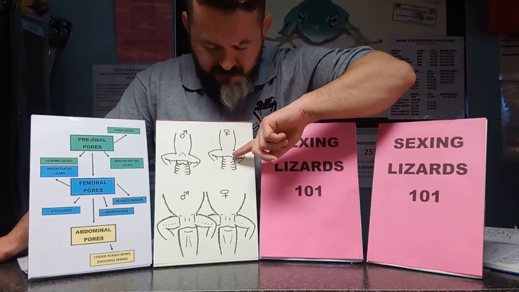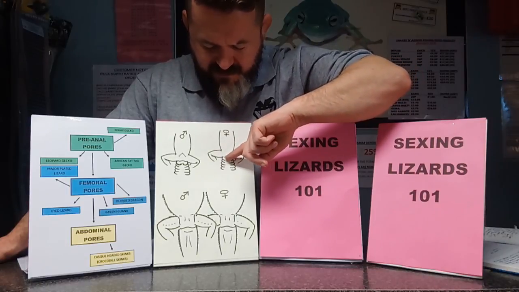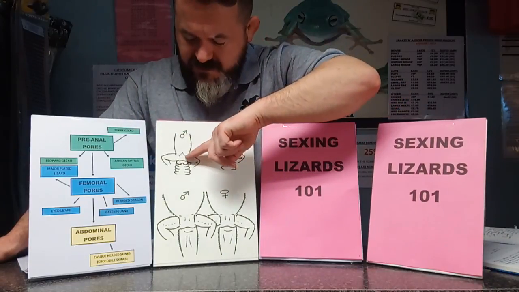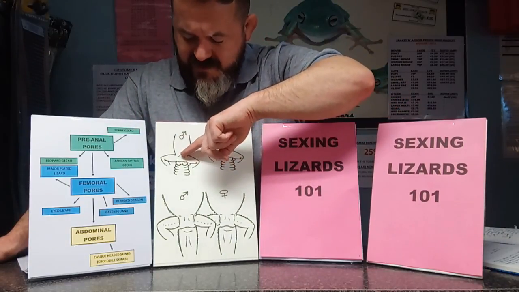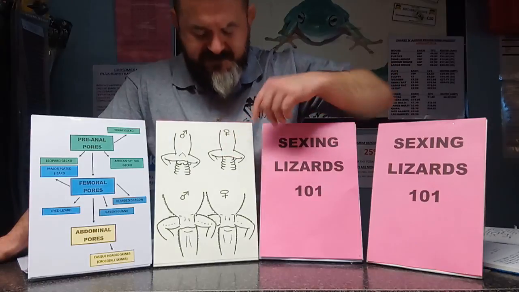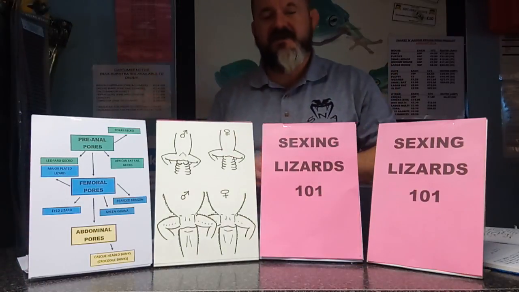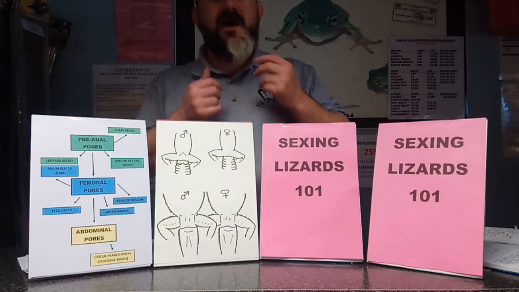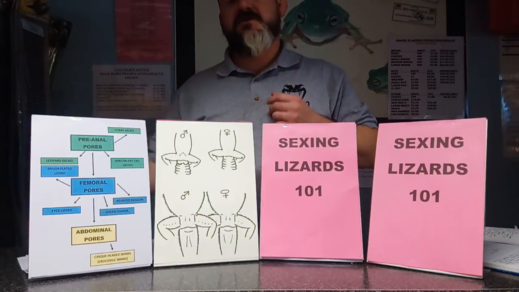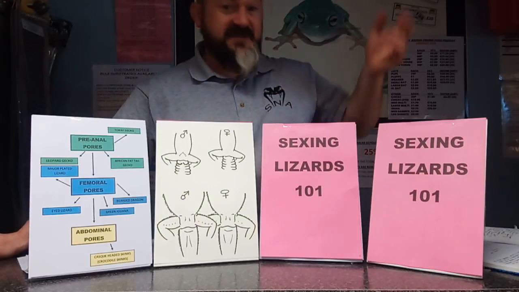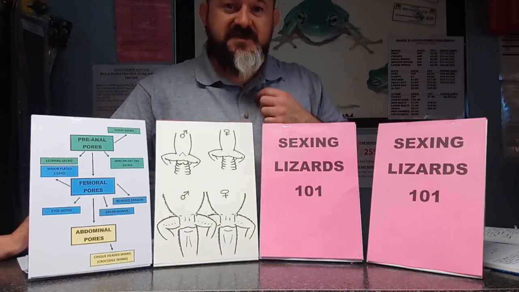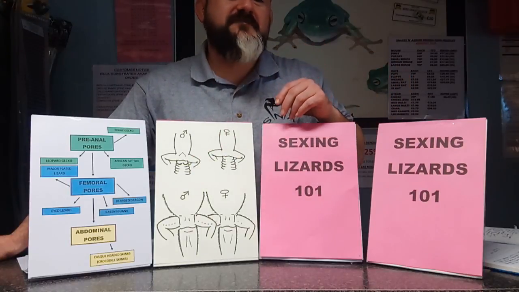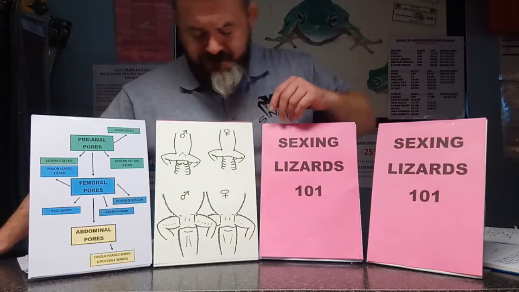Now, this is the vent, the cloaca, and the preanal pores would be arranged in a V in between the thighs. On the girls, they're very ill-defined. On a mature male, they are hollow and they are filled with a waxy type substance, and these are used for chemical marking of their territory by the males and used in sexual identification. On fully mature males, they also start to get some hemipenal bulges as well.